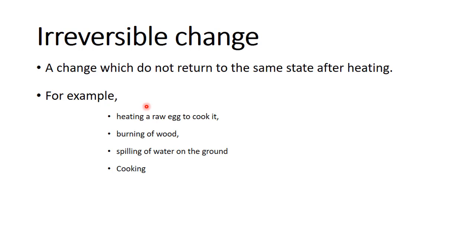Spilling of water on the ground. When you spill water on the ground, I mean ground which is full of soil, I don't think you can collect that water back. And cooking, I have already explained this. Whatever you cook, it's very difficult to bring it back to its raw form.